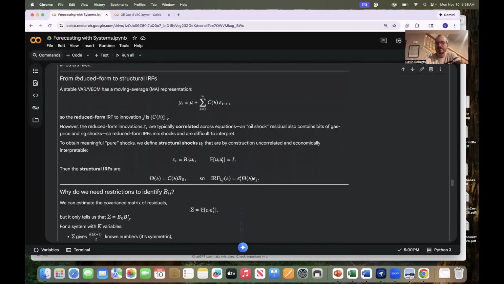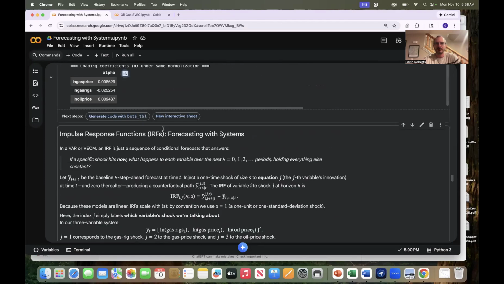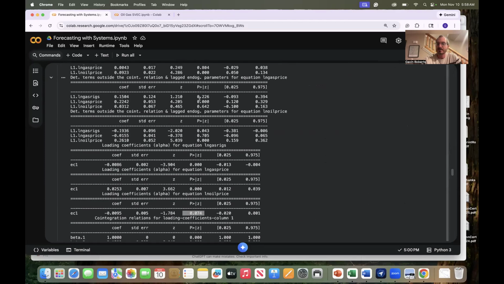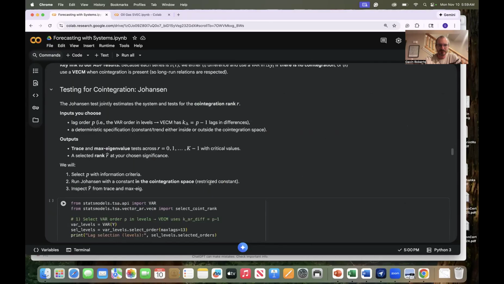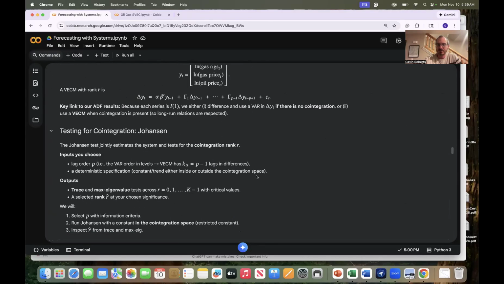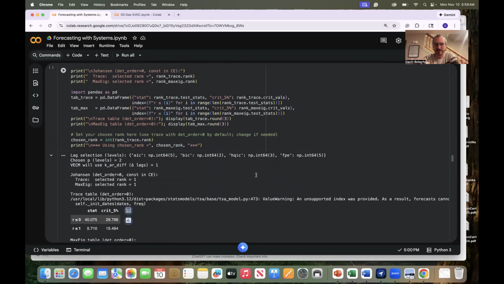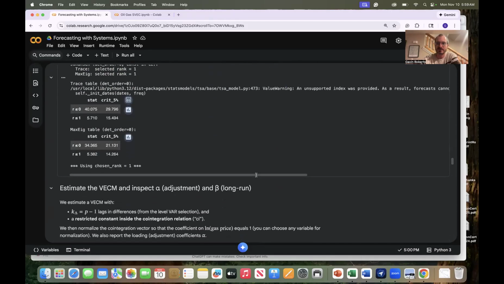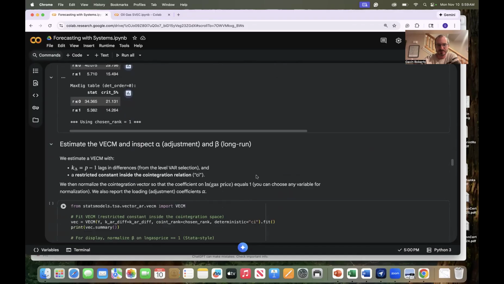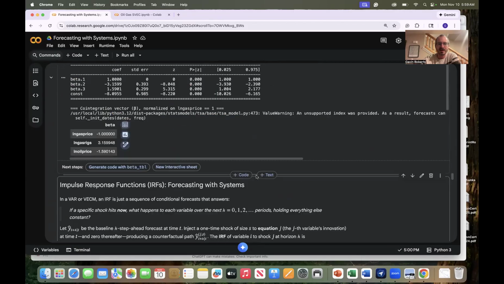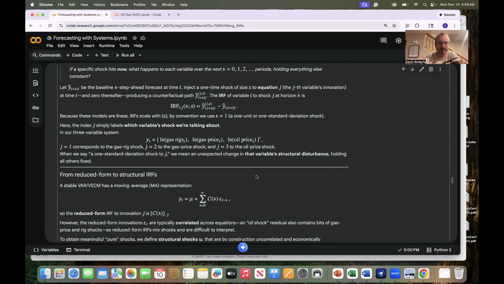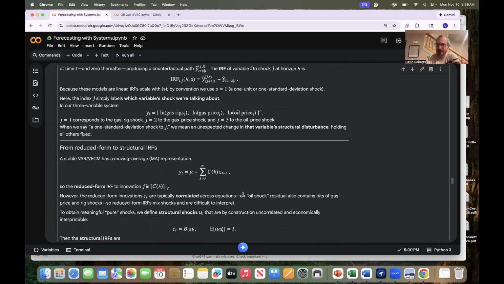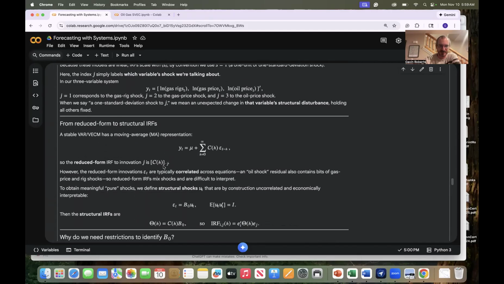We need to think about going from reduced form, because what we've estimated up here, these coefficients, the estimates of our system, our co-integrating system for our example right here, is called the reduced form vector error correction model. We aren't ready to say what happens if there's a one standard deviation oil shock, because those estimates are called reduced form estimates.